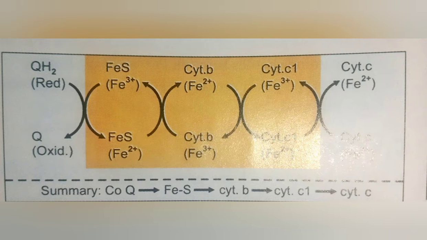Now the sequence of reactions you can see here on the screen, very nicely it is given. Okay, so here you can see that the electrons from ubiquinone are transferred to FeS, then cytochrome B, then cytochrome C1, and then finally to cytochrome C. Now cytochrome C is a peripheral membrane protein that contains one heme prosthetic group.